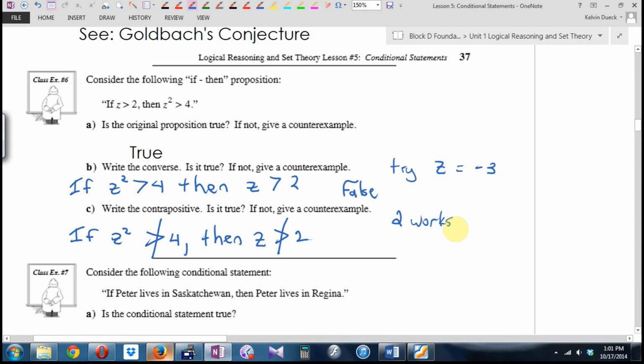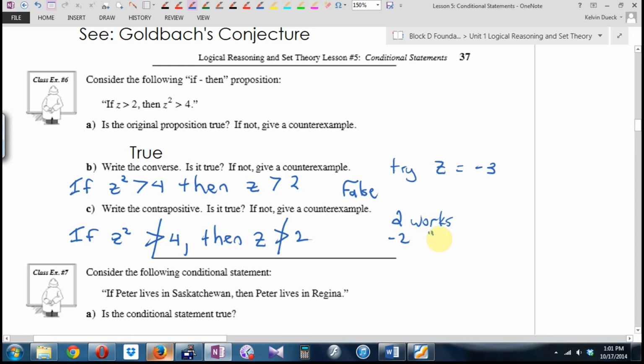What else might I try? Try negative 2. Negative 2 squared is not bigger than 4. It's 4, which is smaller than or equal to 4. And negative 2 is definitely smaller than or equal to 2. So negative 2 works.